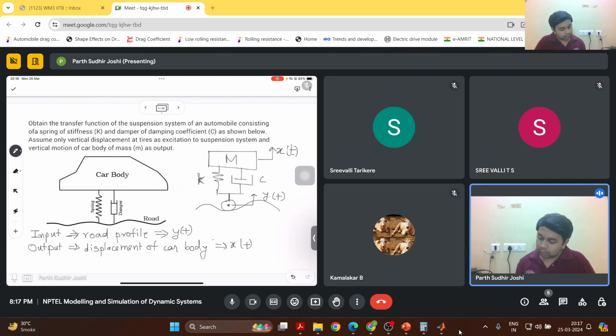Our transfer function, let us call it tf, in the s domain is the ratio of the Laplace transform of output to input. That is what we have to find out. So how do we solve this problem? I'll give you 2 minutes to think about it.